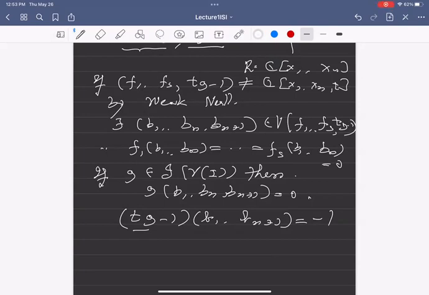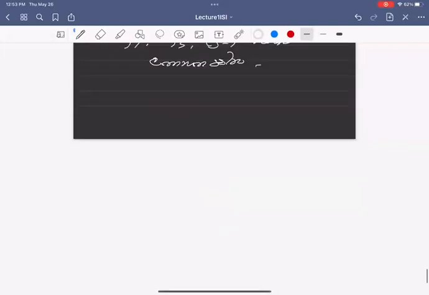So therefore, this set of polynomials, F1 up to Fs, and Tg minus 1, have no common solution. So by the weak Nullstellensatz, they generate the whole ring.